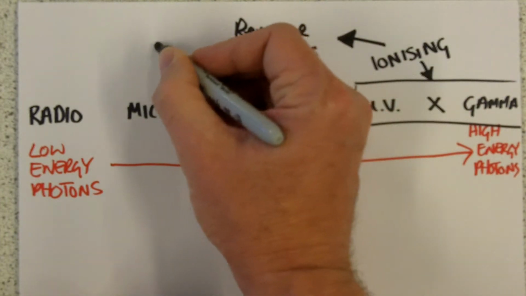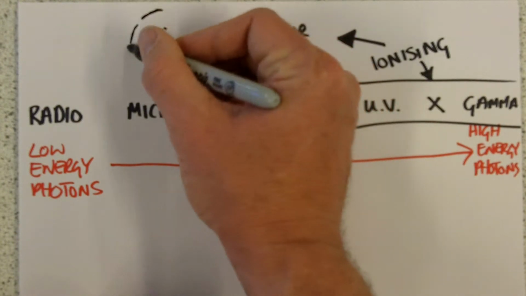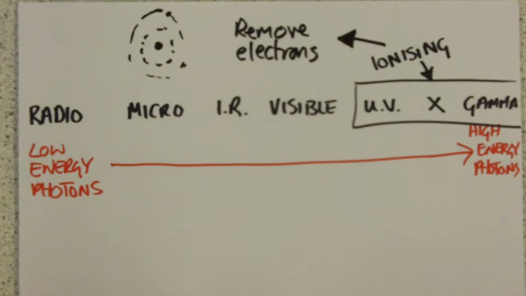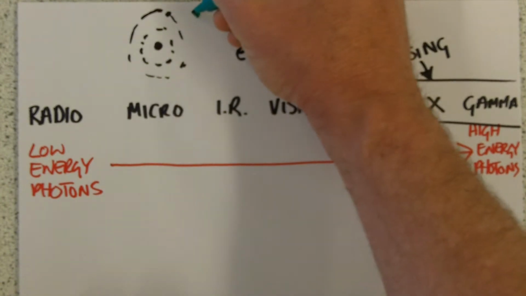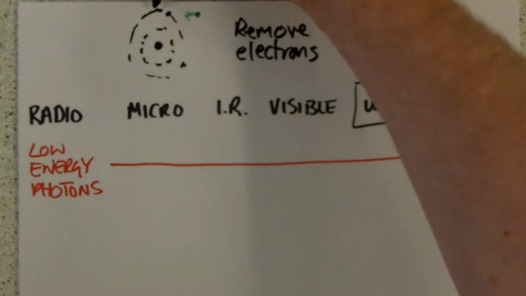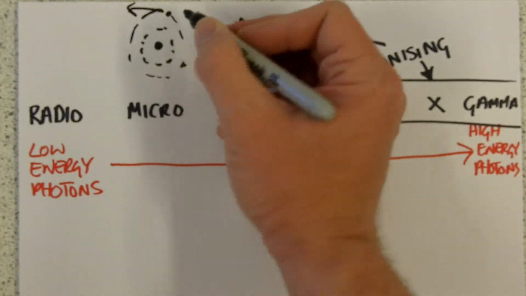If you have an atom here with electron shells around the outside, then an incoming photon of ionizing radiation would have enough energy to collide with an atom and eject an electron. As that happens, the photon becomes absorbed.